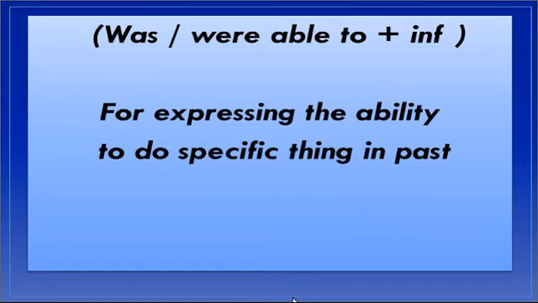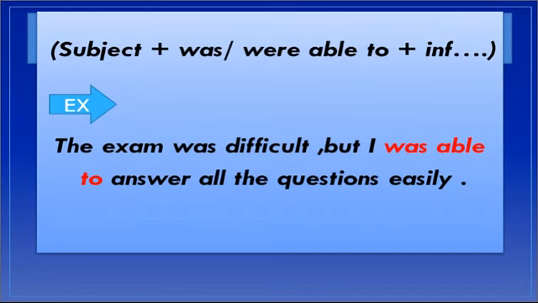Okay, let's have an example to make it clear. طبعا هنا المين رول بتاعتي هتبقى subject plus was or were able to plus the infinitive. Okay, the example: the exam was difficult but I was able to answer all the questions easily.